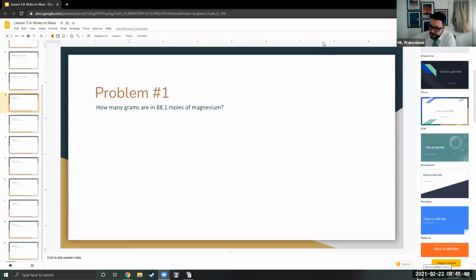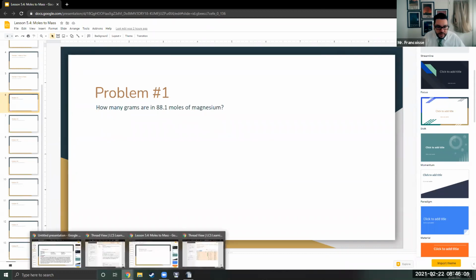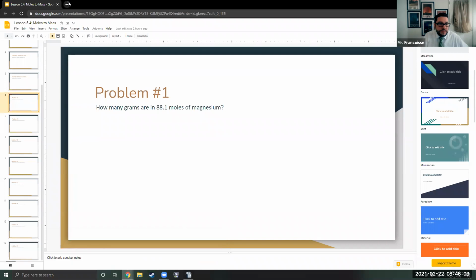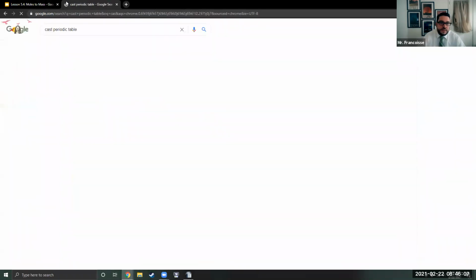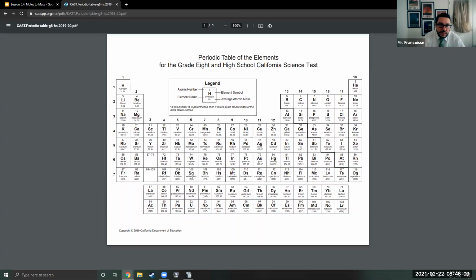Okay, so for problem number 1, they give us 88.1 moles of magnesium. What we need to know as well is our molar mass.